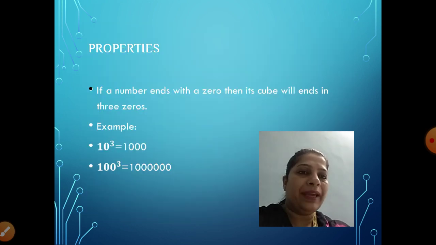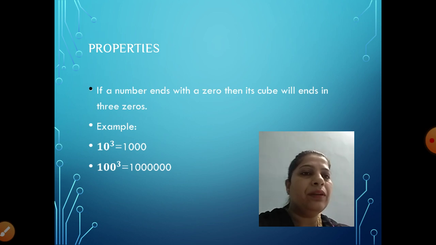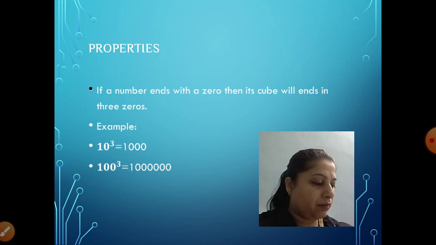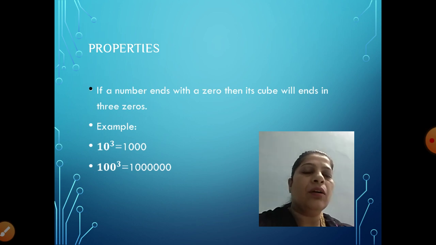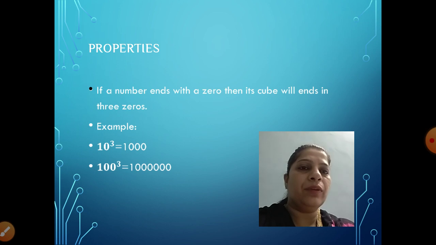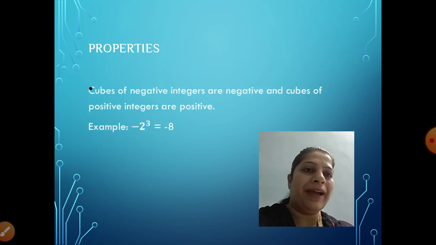So in this way we have completed all the properties of cubes and cube roots. These are the properties which are essential for your standard 8. One more time, I am revising the slides in reverse so that you can see the properties again.